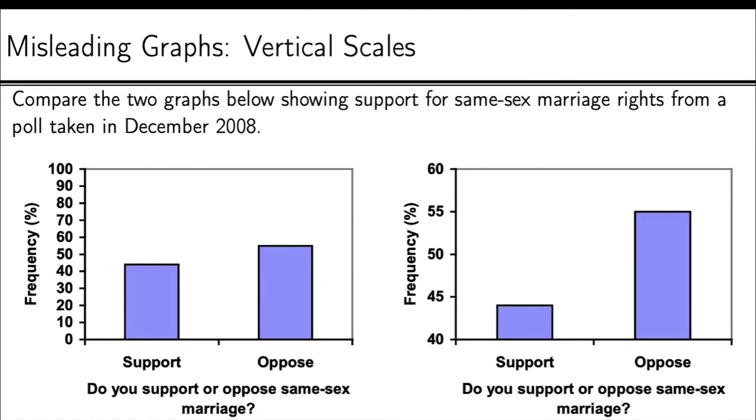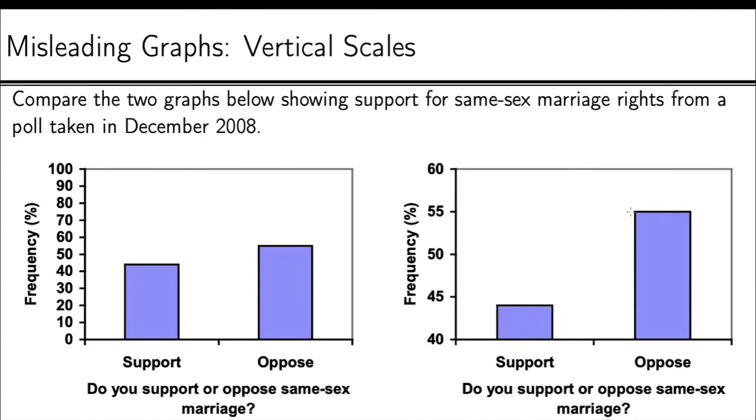And so the graph on the left, it looks like the difference between those who support and oppose is pretty small. Obviously there is a difference, and we see that more oppose rather than support. However, on the right, you'll see that this gives the impression that opposition is much, much higher than support.